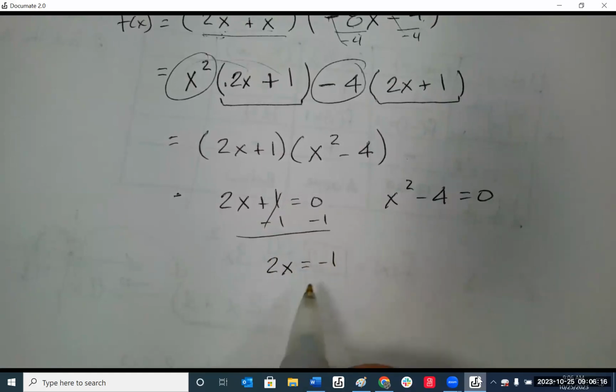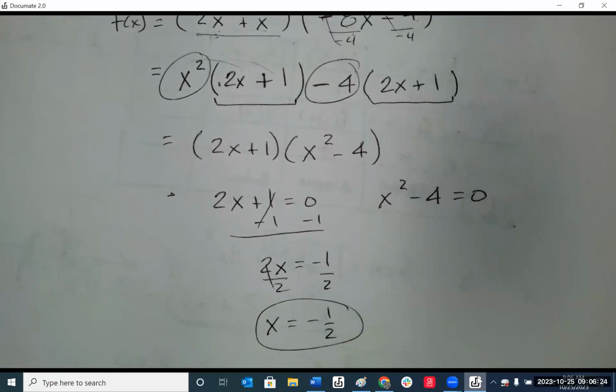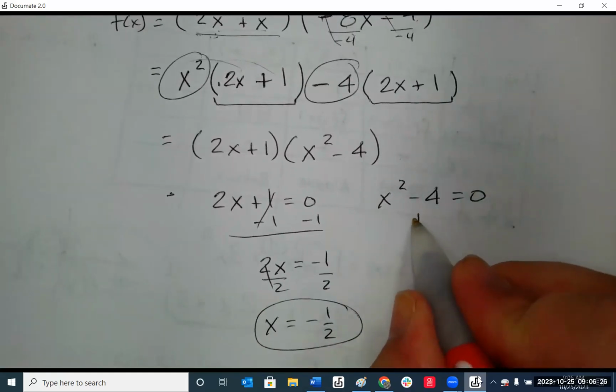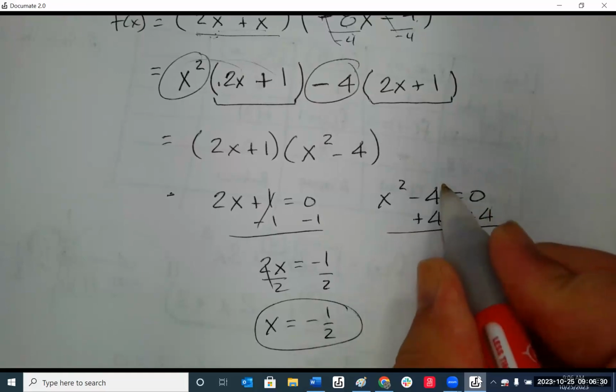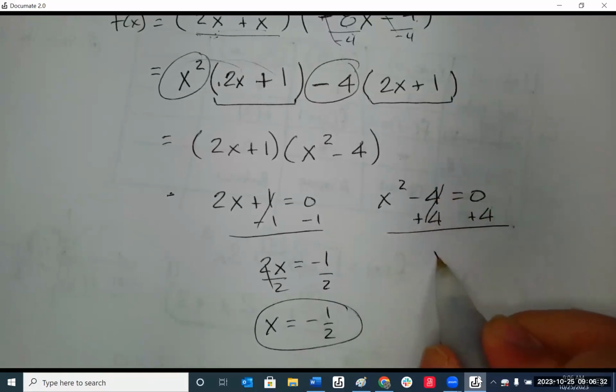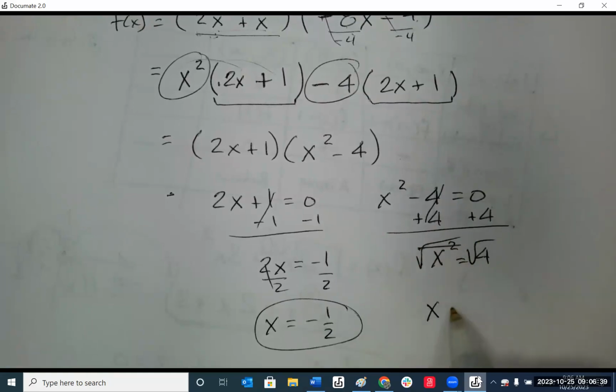2x equals negative 1. X equals negative 1 over 2. That's one of my solutions. X squared equals 4. Square root both sides. X equals plus or minus the square root of 4, which is 2.